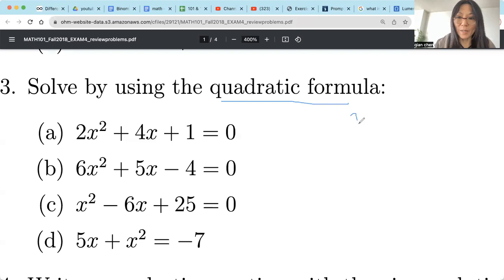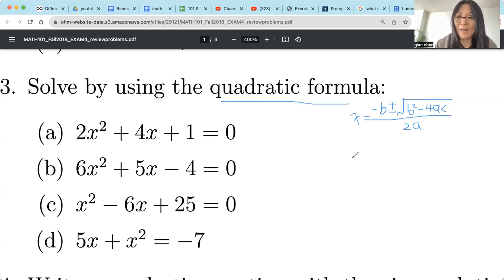The quadratic formula is x equals negative b plus or minus the square root of b squared minus 4ac, then divided by 2a.